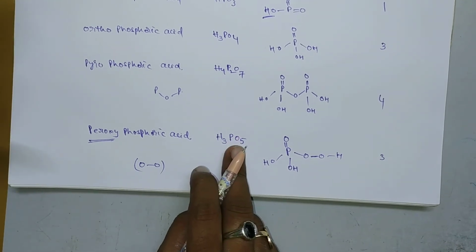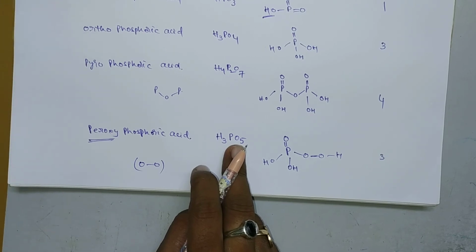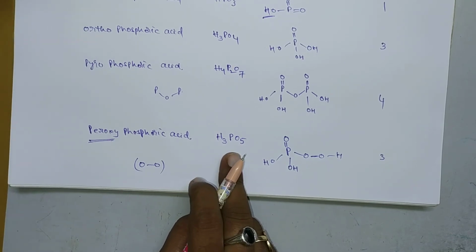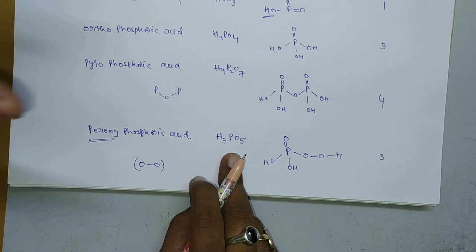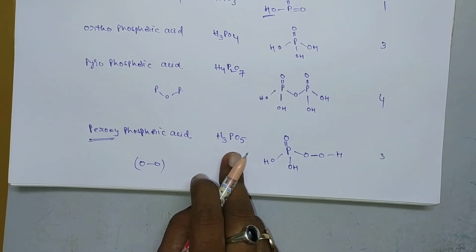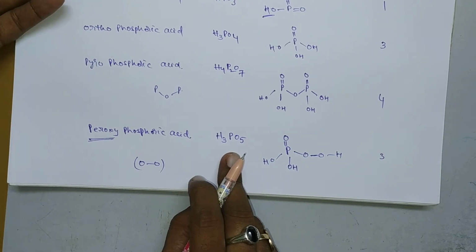Now how can we remember which one is the peroxy acid and which one is the normal acid? To identify whether the given acid is a peroxy acid or a normal acid, here also we have a small trick. We will discuss it in the next video.